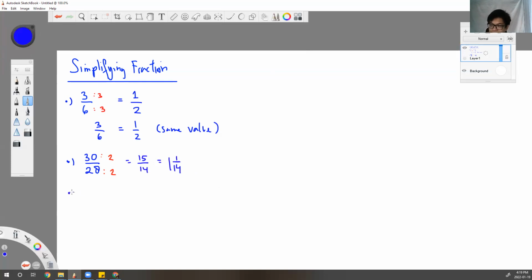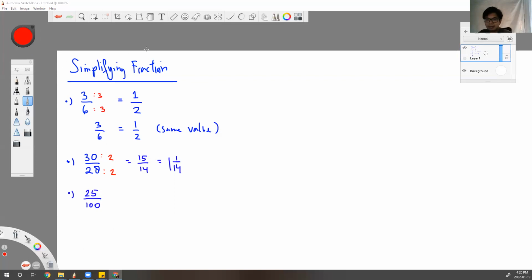Okay, I will give you some more practice. For example, a bigger number, 25 over 100. This can be done in two steps. First thing first, I want to divide by the easiest number. What number can you think of to divide 25 and 100, Rachel?